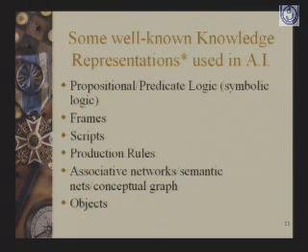This is not an exhaustive list of the various representations used to represent knowledge in artificial intelligence. Friends, in this particular lecture, we may be talking of propositional and predicate logic.